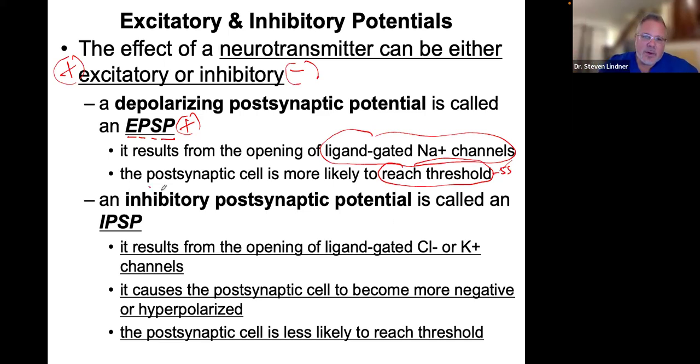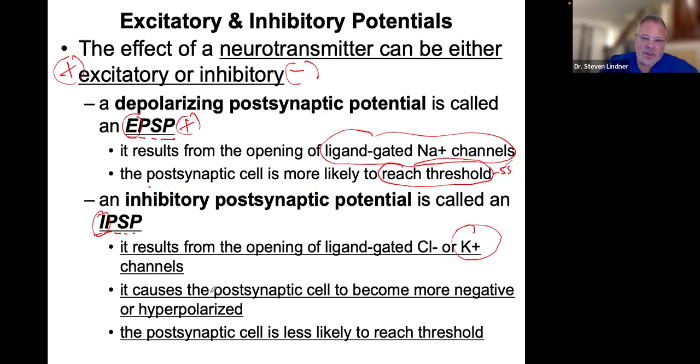An inhibitory postsynaptic potential is called an IPSP. I is for inhibitory, E is for excitatory. So an inhibitory postsynaptic potential is going to result from an opening of the potassium channels.